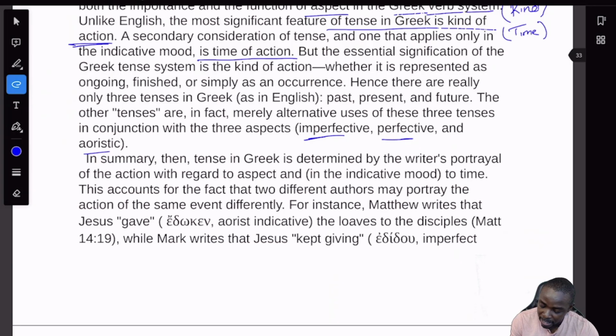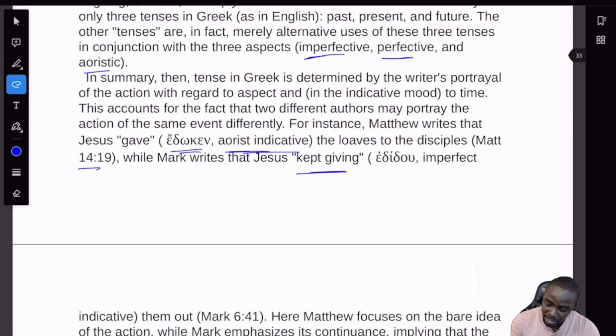This accounts for the fact that two different authors may portray the action of the same event differently. For instance, Matthew writes that Jesus gave, look at the word edoken, which is an aorist indicative, the loaves to the disciples, Matthew 14, while Mark writes that Jesus kept giving, edidou, imperfect indicative, because imperfect is carrying what?